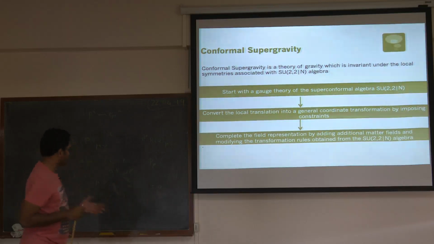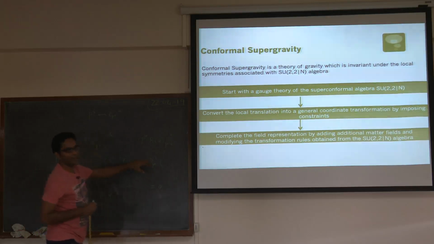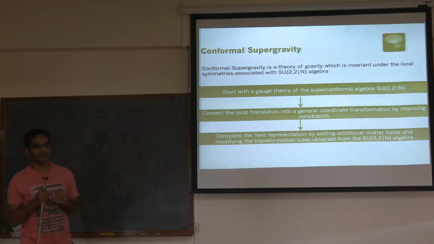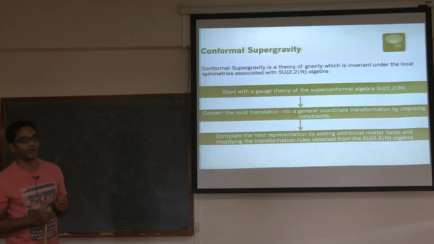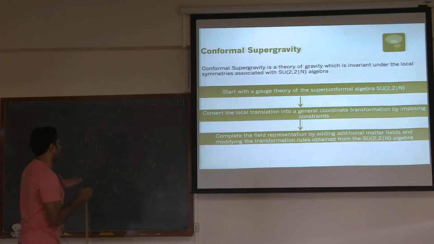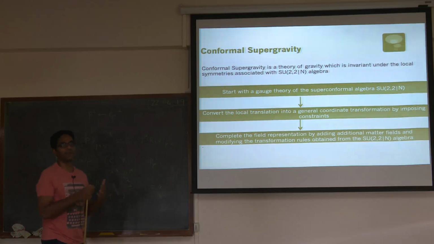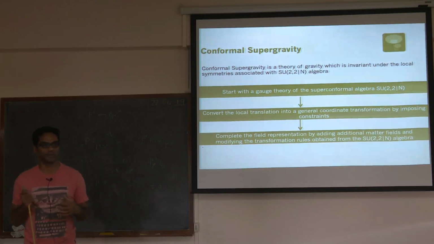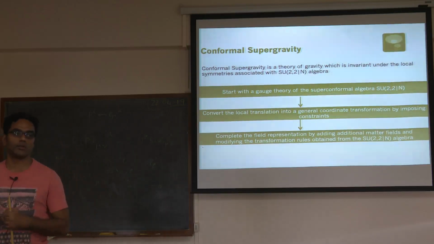So, you need to impose some constraints and the number of constraints is as many as, I mean, these fields have to be dependent, but what constraints you impose is not very well defined, and depending on the problem and how you want to simplify it, you could modify these constraints, right. So, that basically means you make some field redefinition to these dependent gauge fields by some covariant terms.